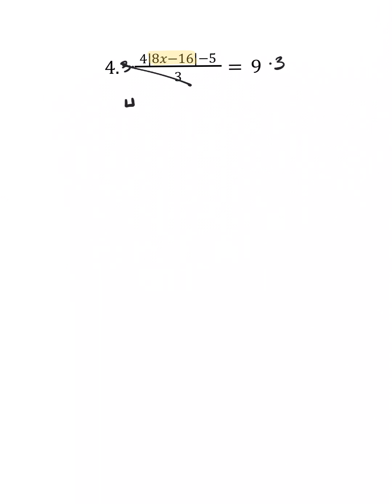So that's going to leave me 4 times the absolute value of 8x minus 16 minus 5 is going to equal 27. So now I can go ahead and get rid of whatever's being added or subtracted that's not highlighted. So I'm going to get rid of that minus 5 by adding 5.